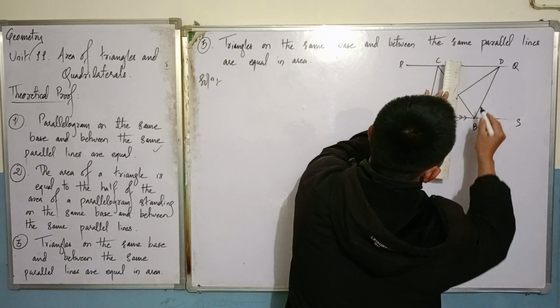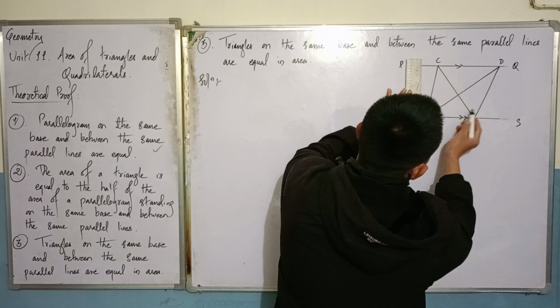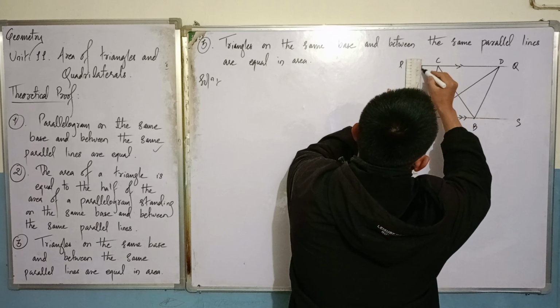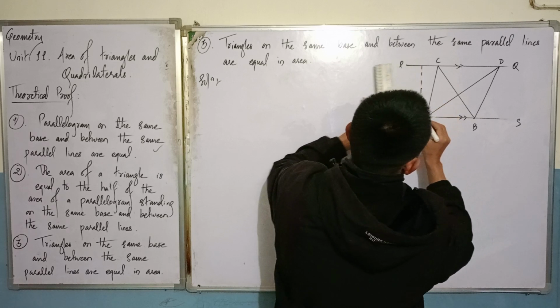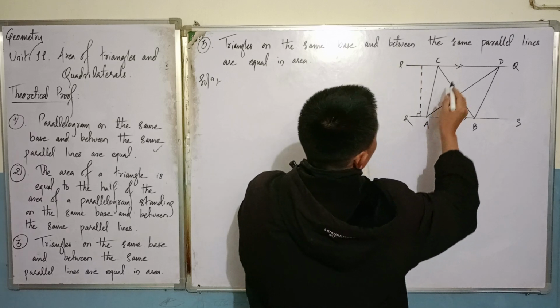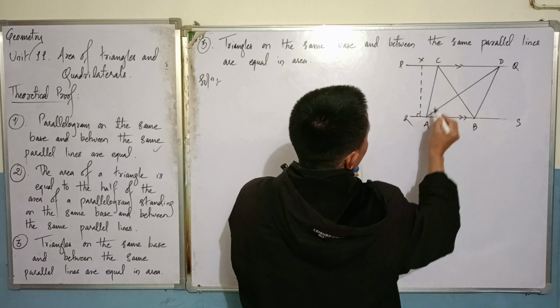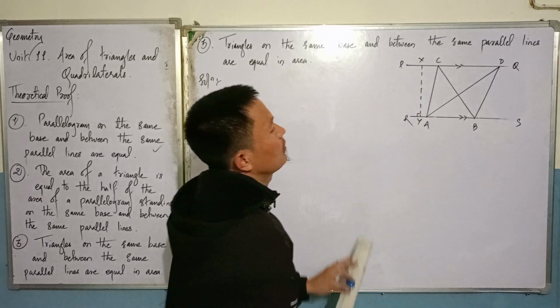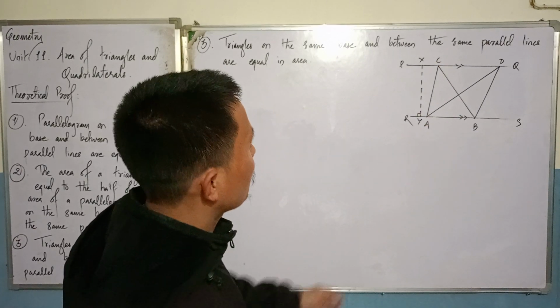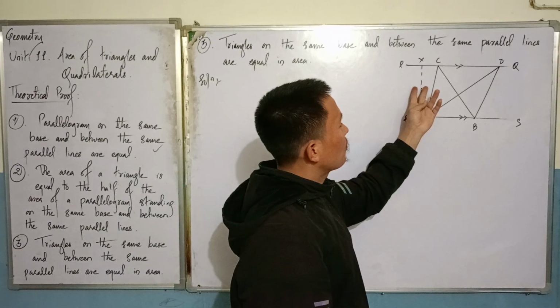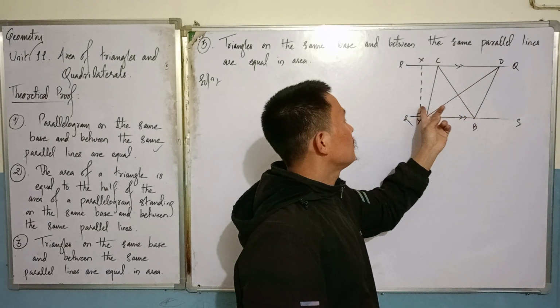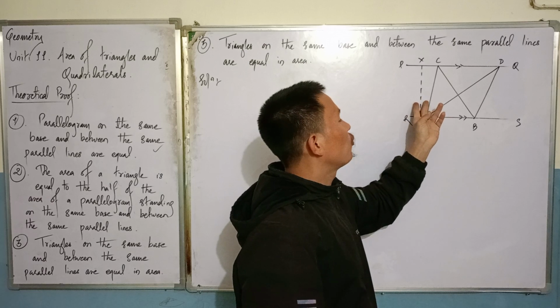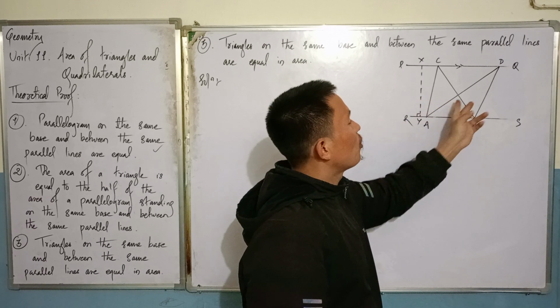So for both triangles, I'll make here a perpendicular line between the parallel lines PQ and RS. Let's say that XY. It doesn't matter where we draw this XY perpendicular line. This XY will represent heights for both triangles.